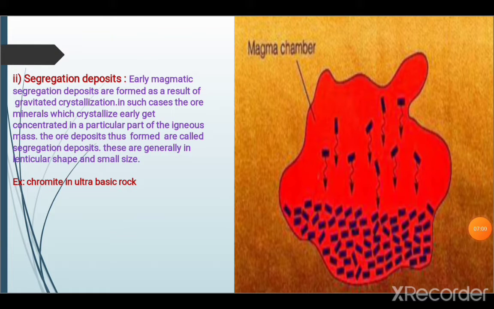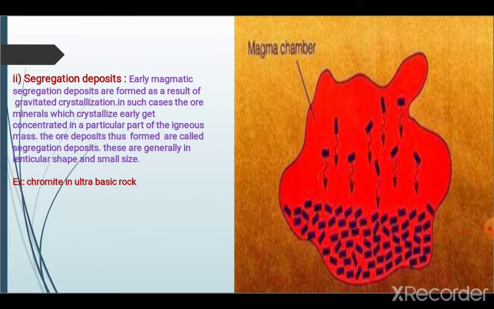In dissemination deposits, the ore deposits are formed more or less evenly throughout the rock mass, but in segregation deposits, the ore deposits are present at a particular part of the igneous body. This type of deposits are called segregation deposits.